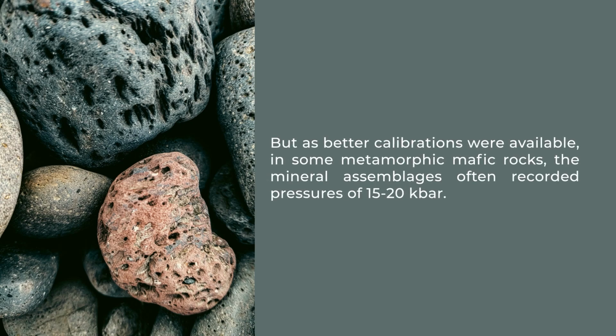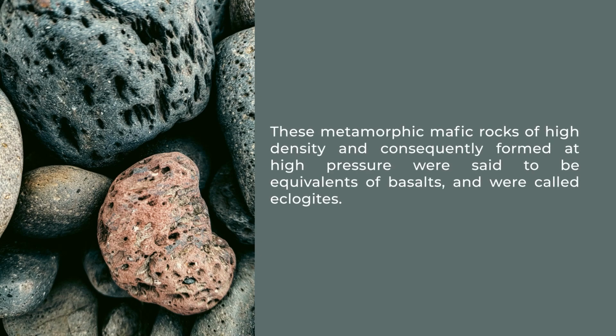But as better calibrations became available, in some metamorphic mafic rocks, the mineral assemblages often recorded pressures of 15 to 20 kilobars. And the metamorphic mafic rocks of high density, consequently formed at high pressure, were said to be equivalents of basalts, and they were called eclogites. They are formed under extremely high pressure conditions.